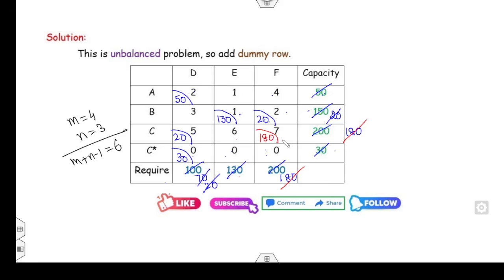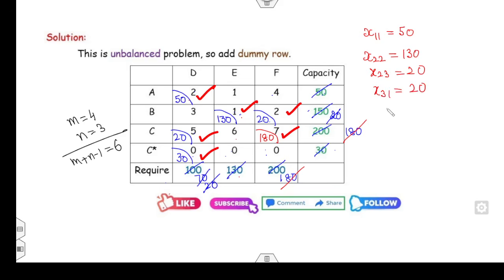Last number should be properly cancelled. So how many allocations do you have? 1, 2, 3, 4, 5, 6. Fine. So you can write in your examination: x11 is 50. Second row, second column, 130. Second row, third column is 20.